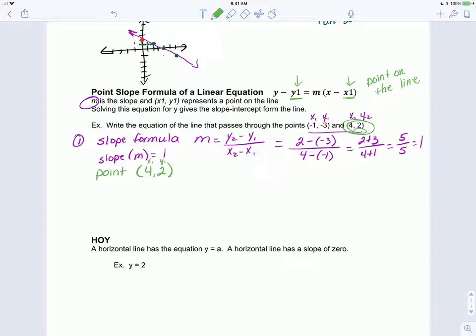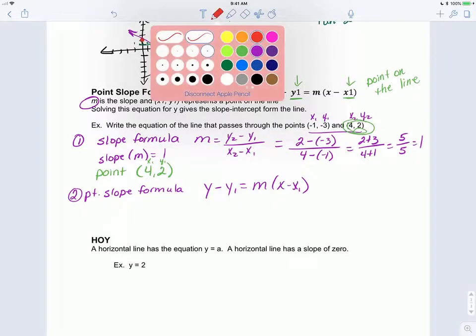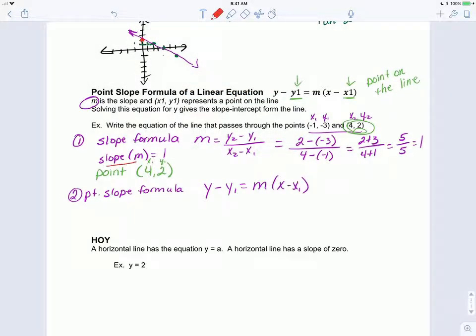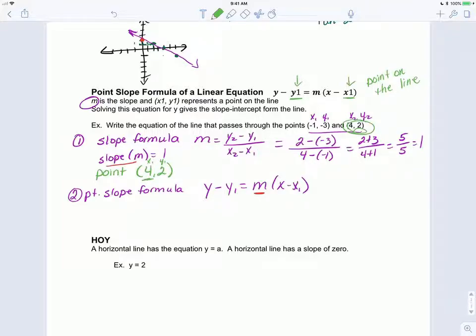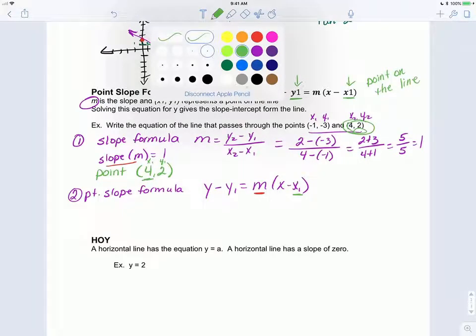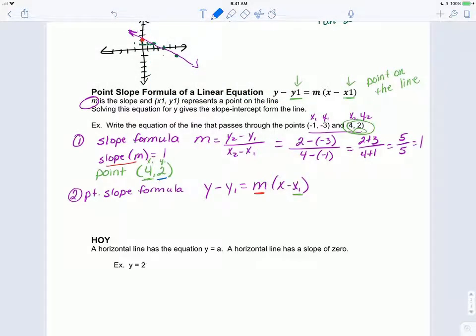Okay, so now we're going to look at that equation, which is our point slope formula. That is y minus y1 is equal to m times x minus x1. Let's just remember our slope here is the m. And the point on the line, that's my x1, 4, is going to go right there, and my y1 is the 2.